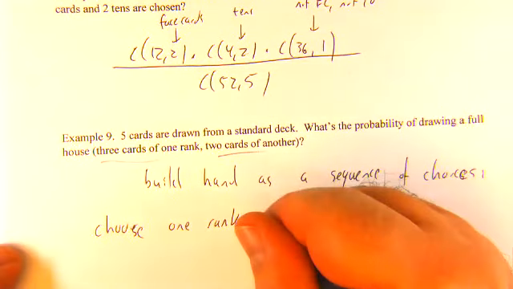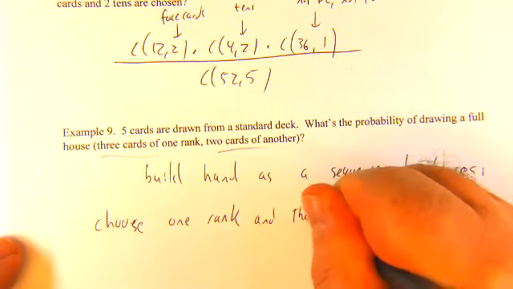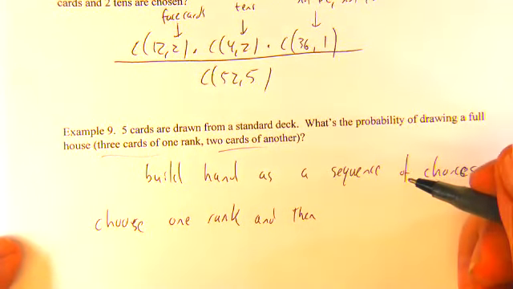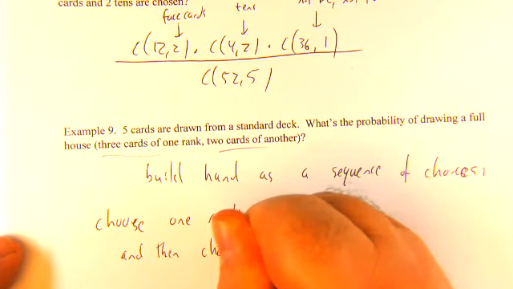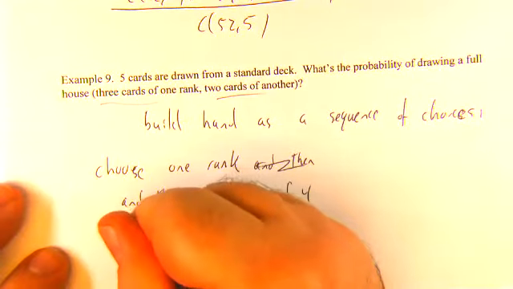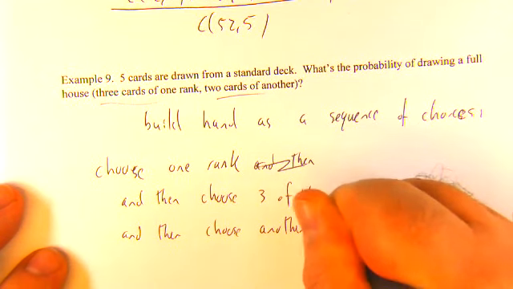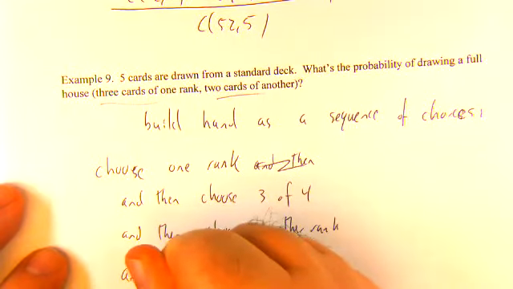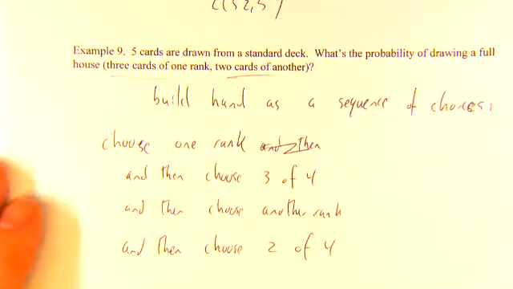So you choose one rank, and then choose 3 of the 4 cards of that rank, and then choose another rank, and then choose 2 of those 4 cards. Right? So it's a sequence of steps. First you choose a rank, then you choose 3 out of 4 of those cards, then you choose another rank, then you choose 2 out of 4.